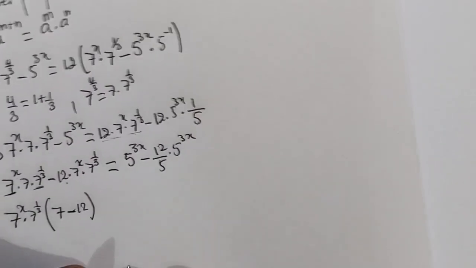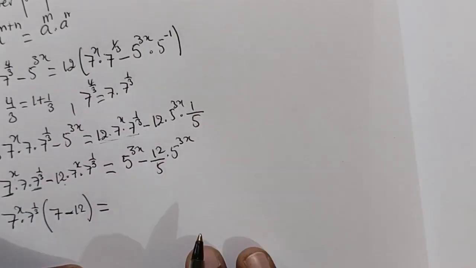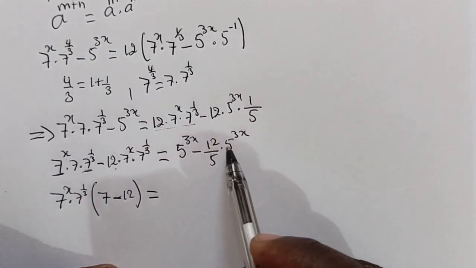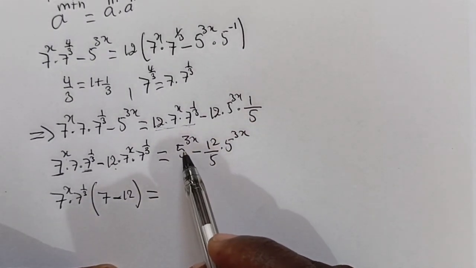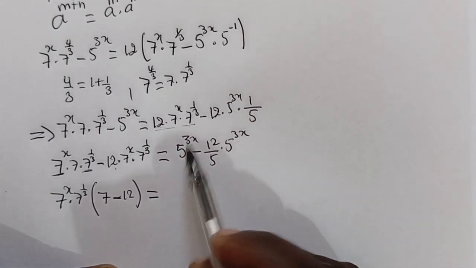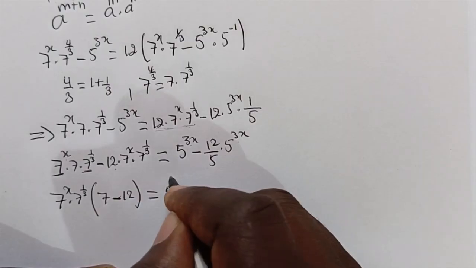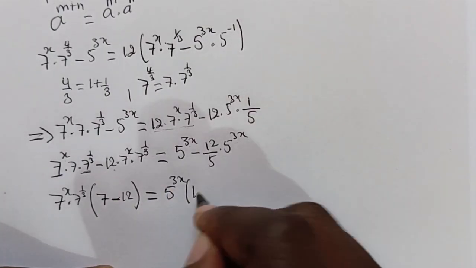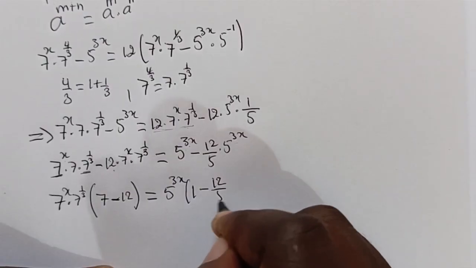That's minus 5. And this will be equal to, factorizing this 5 to the power of 3x, it's here and here, factorize 5 to the power of 3x. I remain with 1 minus 12 over 5.